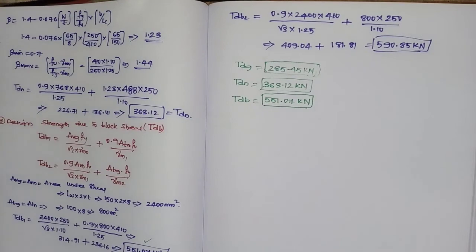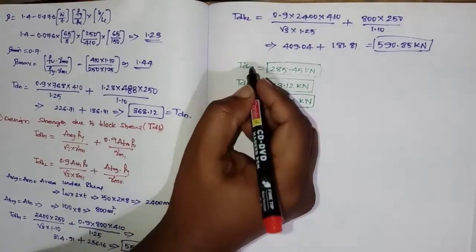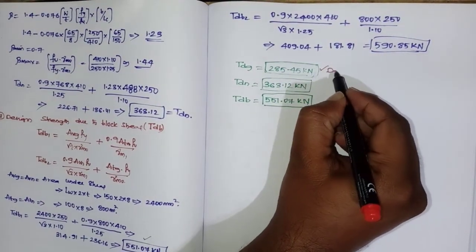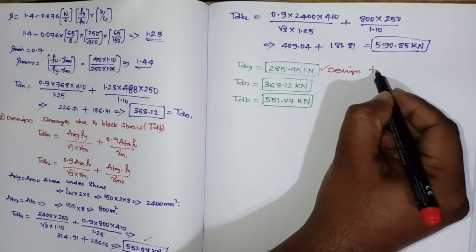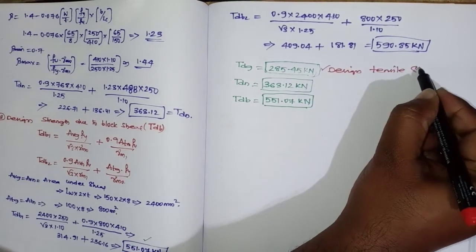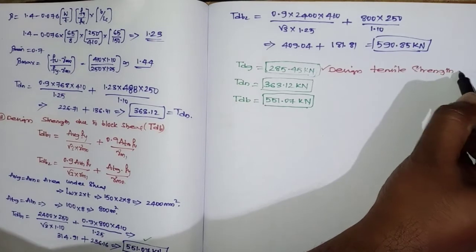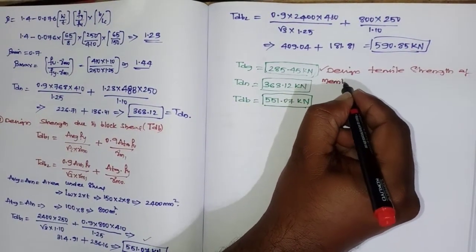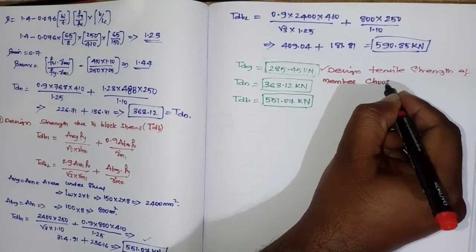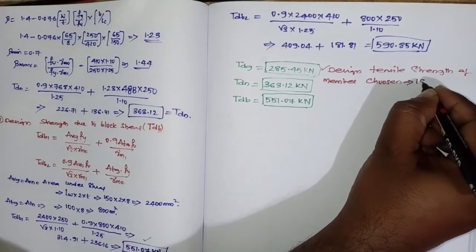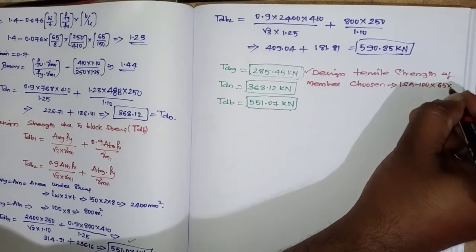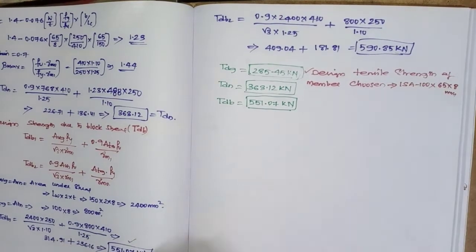Okay, now out of these three, the lesser of these three values is considered. So this is the lesser, right? So this is the design tensile strength of a member chosen. What is the member chosen? That is ISA 100 by 65 by 8 mm we have chosen, right?